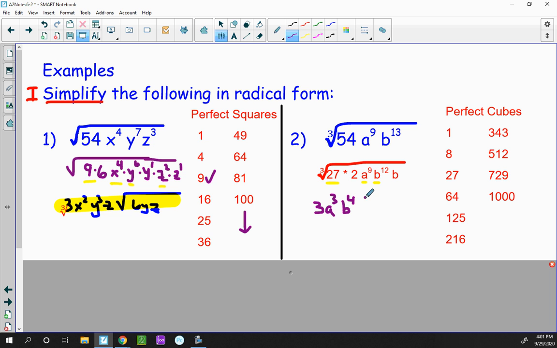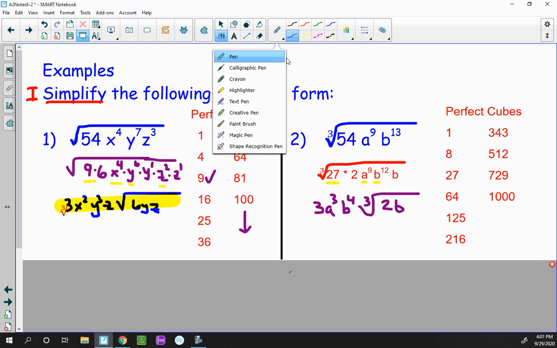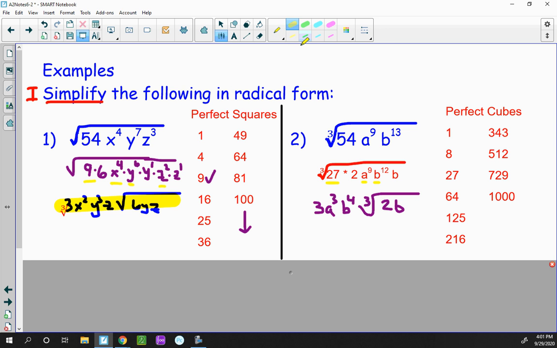And then after you simplify all the pieces that you can, then you drop down your cube root, and anything that can't be simplified, the 2 and the b, is going to stay underneath the radical. And that would be your final answer.